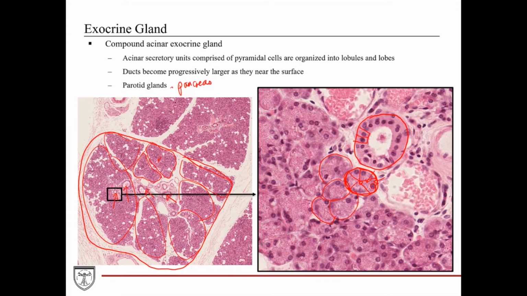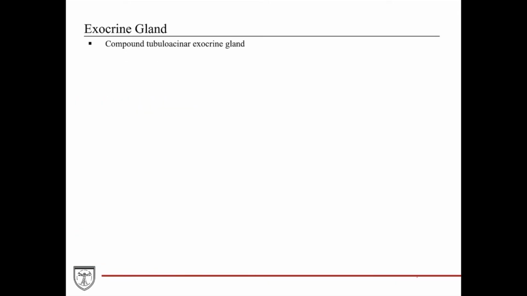In addition to parotid glands, I should write down here that the pancreas in our body is also comprised of the compound acinar exocrine gland. And lastly, the compound tubuloacinar exocrine gland is just as dimensionally complex as the other compound exocrine glands, but this time the secretory units are actually the mixed type, with the tubular as well as the acinar component comprising this entire gland.